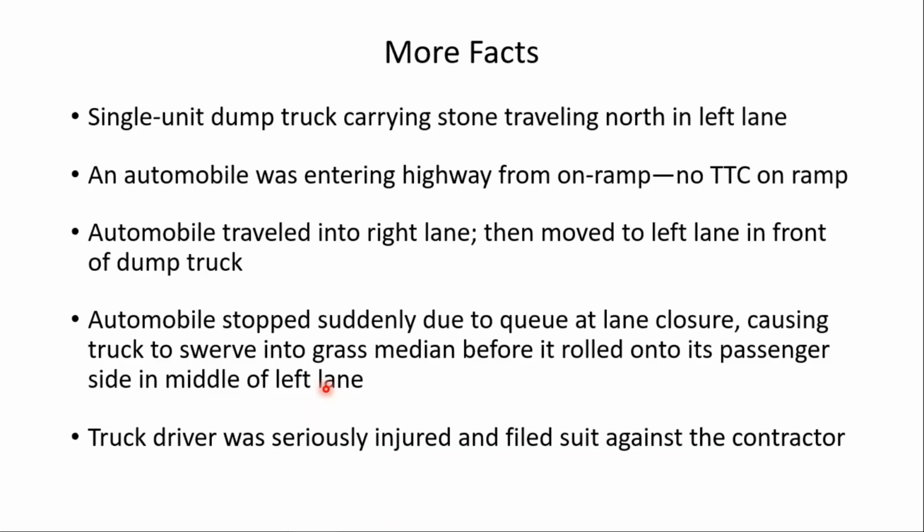It traveled in and out of the median for a while and finally rolled onto its passenger side in the middle of the left lane. In that incident, the truck driver suffered a serious spinal cord injury and so filed suit against the contractor.